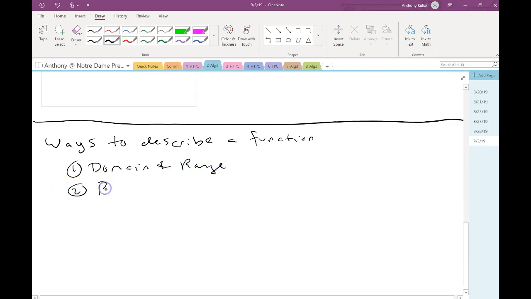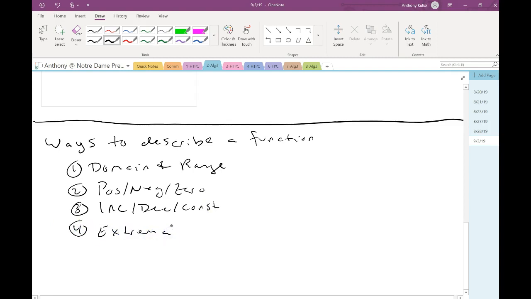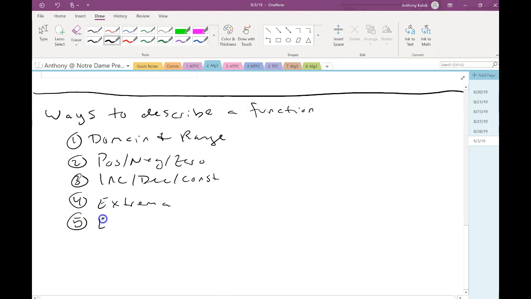We've talked about positive, negative, 0. We've talked about increasing, decreasing, and constant. We've talked about the extrema, that's the mins and maxes. And then we've talked about end behavior.